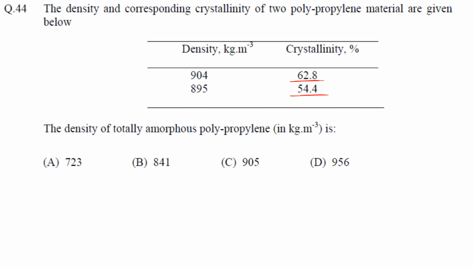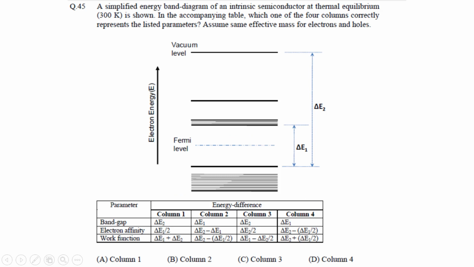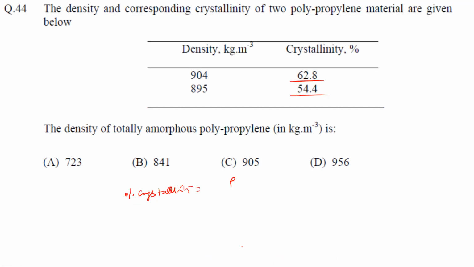So for the percentage crystallinity, you need to remember the simple formula, that is percentage crystallinity is equal to rho, means density of sample, minus density of amorphous by density of sample, complete divided by density of totally crystalline material minus density of amorphous material divided by density of crystalline material into 100.